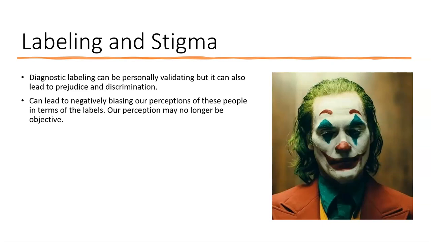These kinds of messages can lead to biased perceptions, and our perceptions then lose objectivity. So it leads to social isolation, lack of access to education, to work, to all kinds of things that people can have. So mental illnesses definitely can lead to stigma, and this is especially true for certain categories of disorders.